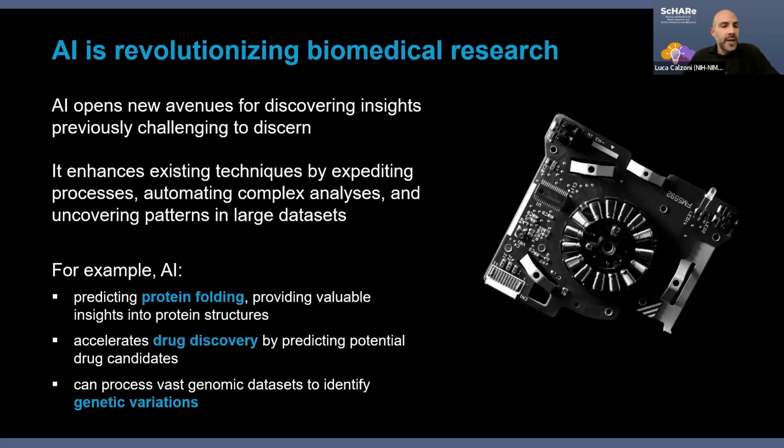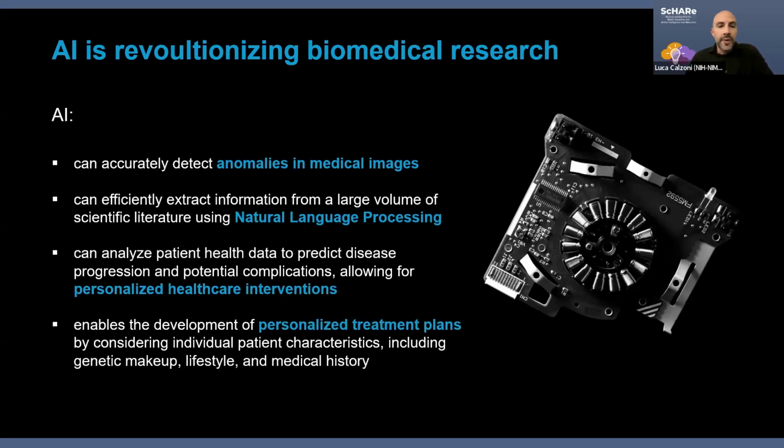So for example, it helps predict protein folding, and that way it accelerates drug discovery by predicting potential drug candidates. And it also helps identify genetic variations. It can accurately detect anomalies in medical images. Or using natural language processing, it can efficiently extract information from a large volume of scientific literature in a short time.